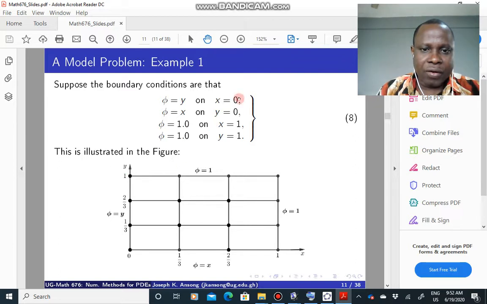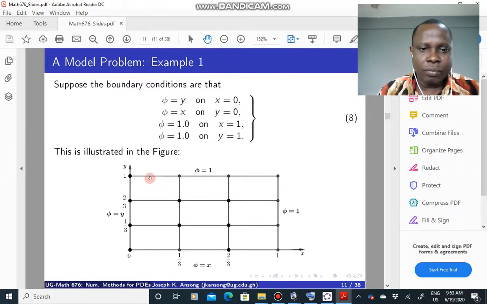And then on y equals 0, that is along x, phi takes values of x. Now in this case, because the intervals are the same, we have 0, 1/3, 2/3, and 1. So here the value of phi will be 1/3, 2/3, and then 1, based on this condition here.